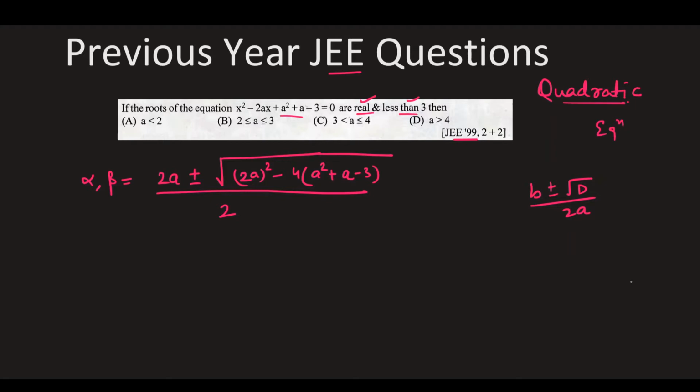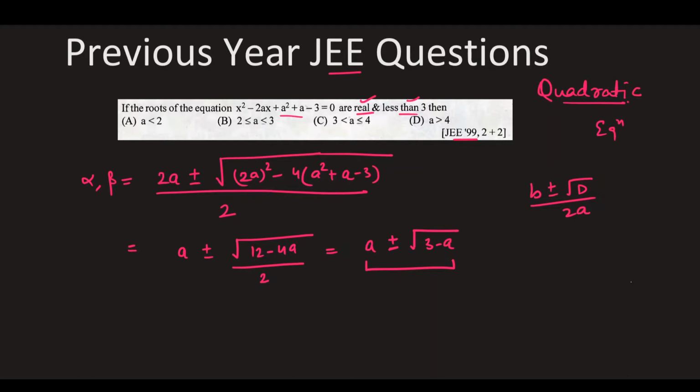If I simplify it, it comes out to be a plus minus root of 4a square, and 4a square got cancelled and we are left with 12 minus 4a, and we have this 2, so we got a plus minus root of 3 minus a.